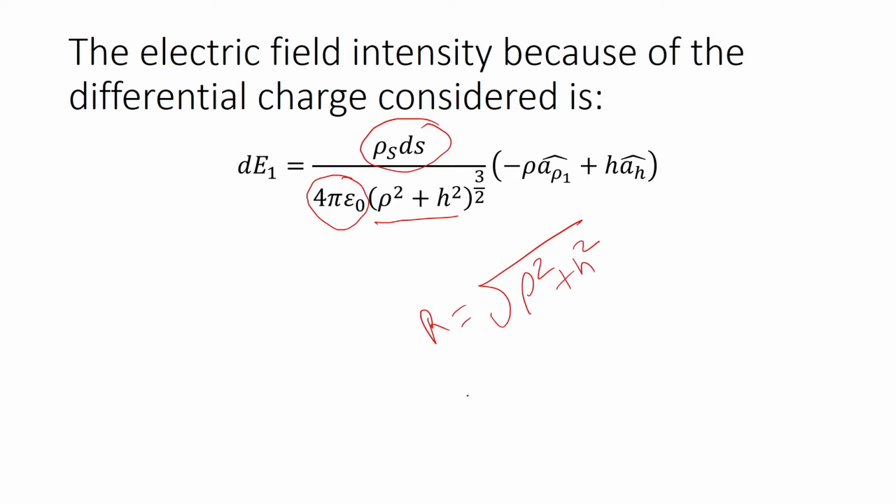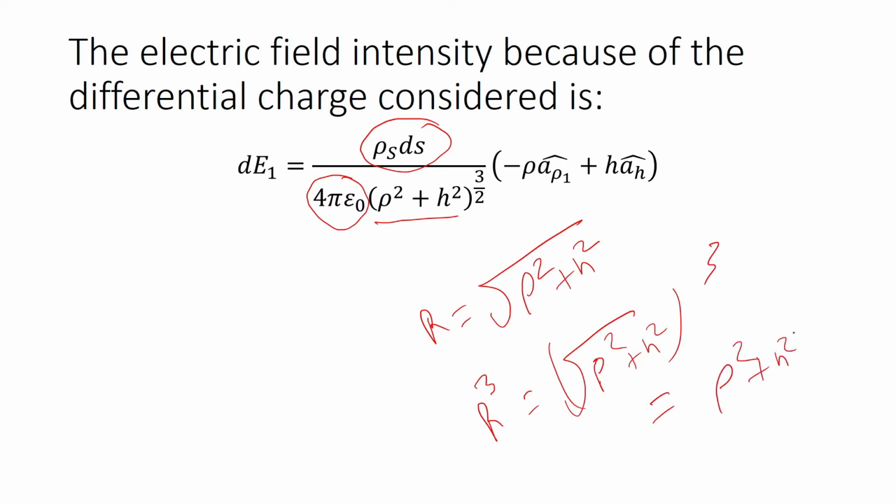Now r cube would be root over rho square plus h square, whole cube. I can write this as rho square plus h square to the power of 3 by 2. And r bar is minus rho 1 a_rho1 cap plus h a_h cap.